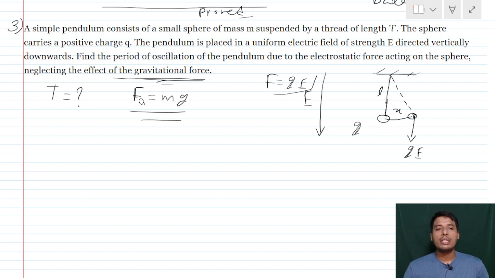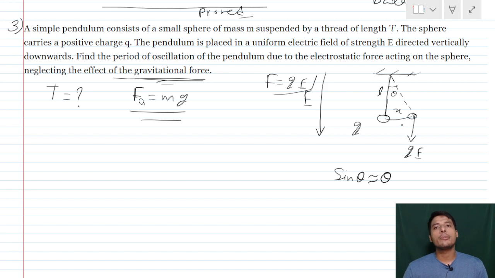If you remember the simple pendulum case, when I displace the simple pendulum by an angle theta, the theta will be so small that we can take sine theta nearly equal to theta and cos theta nearly equal to 1. So here we take sine theta nearly equal to theta, for an x displacement.